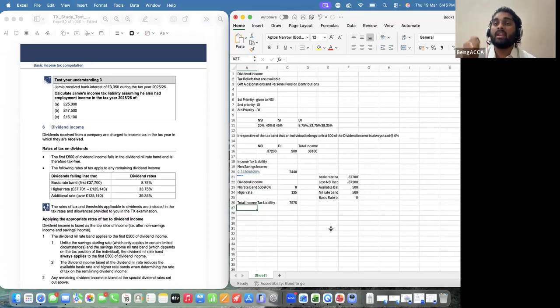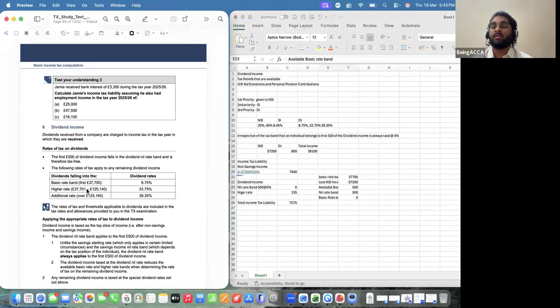Always remember, any nil rate band, be it of savings income or dividend income, whenever a nil rate band is being utilized, that will have an impact on your basic rate band or higher rate band. If they're a higher rate taxpayer, suppose they have an income between 37,701 to 130,000, then it will affect the higher rate band as well.